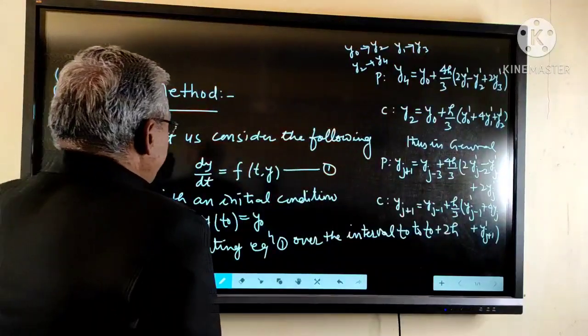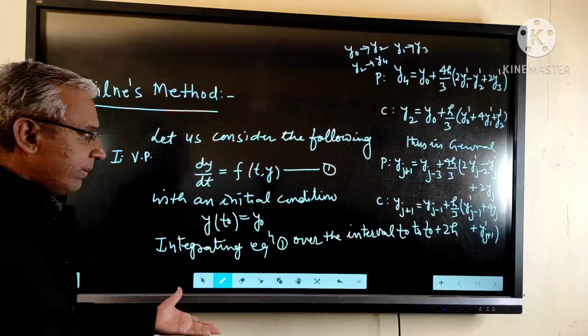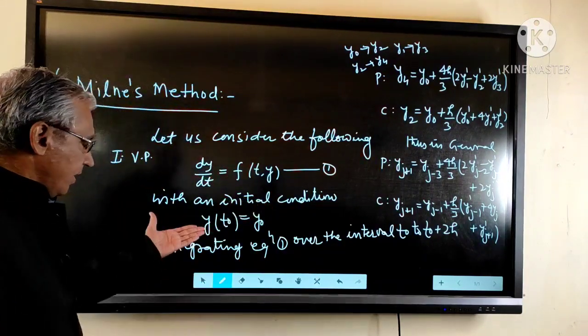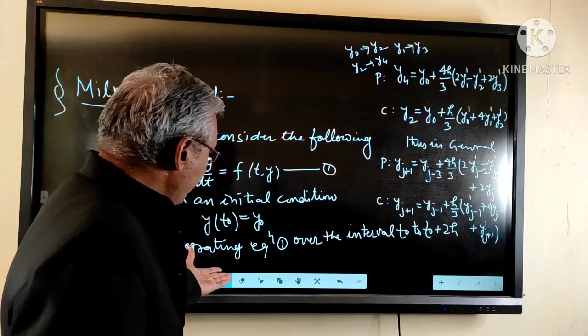Let us consider the following initial value problem: dy by dt equals f of t comma y, with an initial condition y of t0 equals y0.